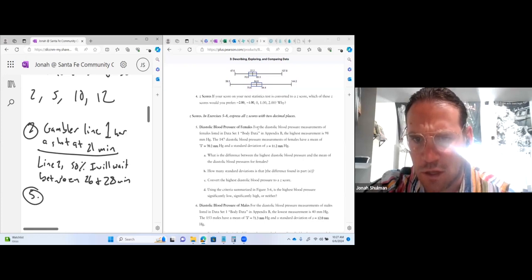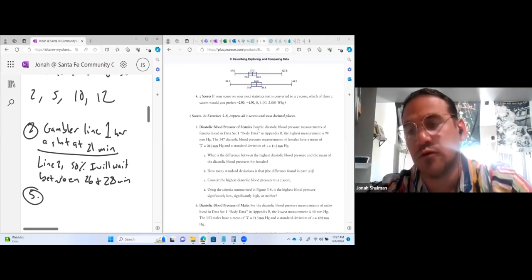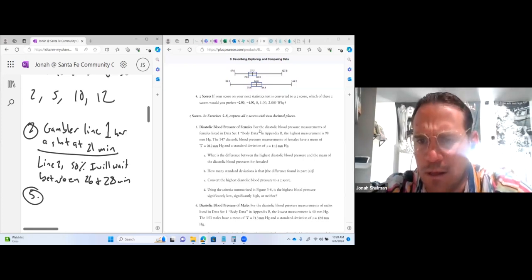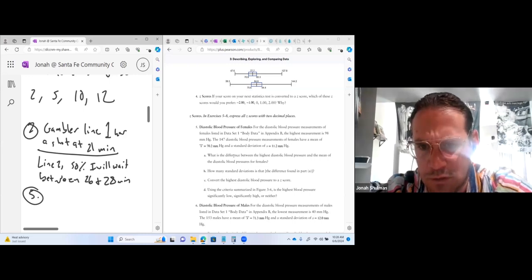Express all as z-scores. Oh, we can do z-scores. Body data in Appendix B, the highest measurement is 147. The systolic blood pressures of females have a mean of this and a standard deviation of this. What is the difference between the highest systolic blood pressure and the mean systolic blood pressure for females?